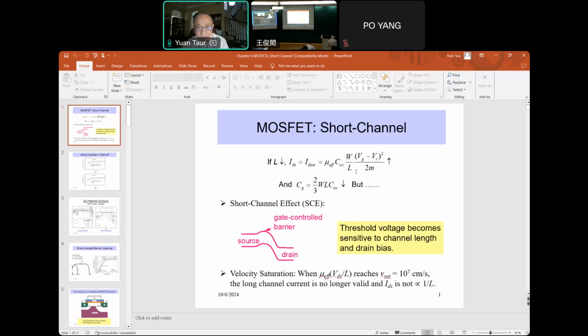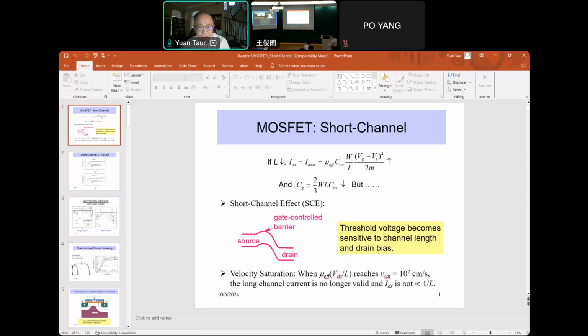All right, so a short channel device has a much faster switching speed because of higher current and lower capacitance. But there's a problem. It cannot be too short due to the short channel effect, or SCE.